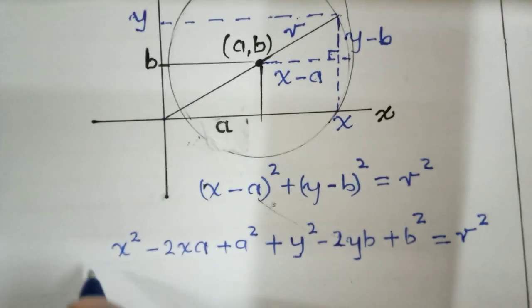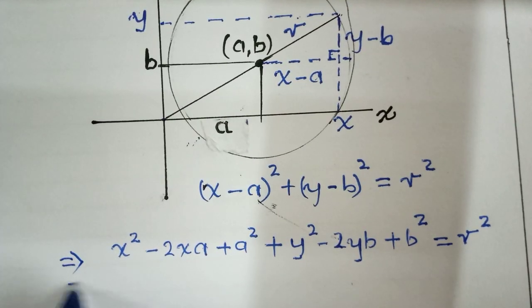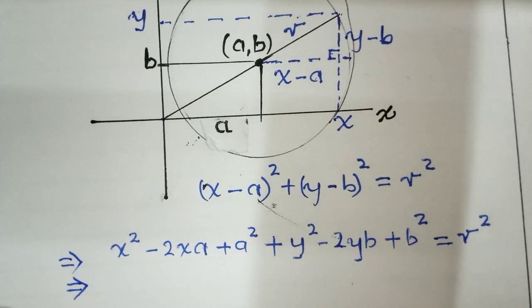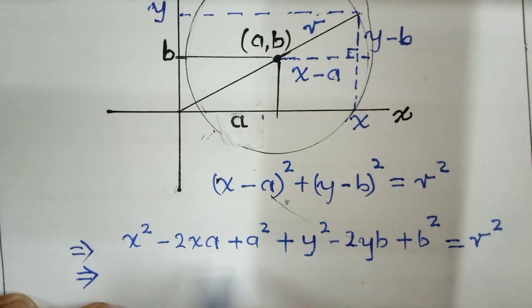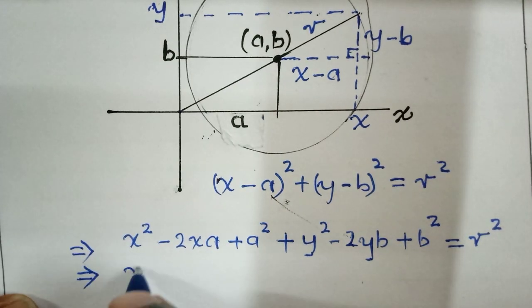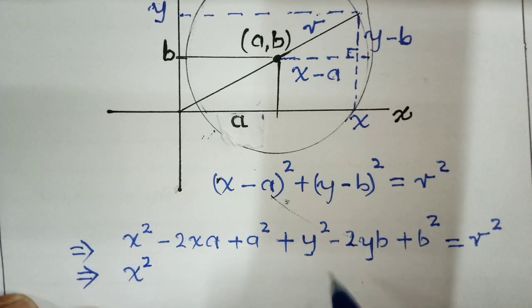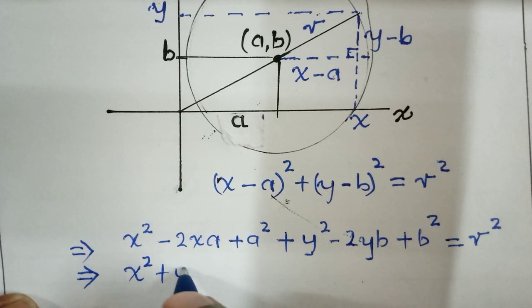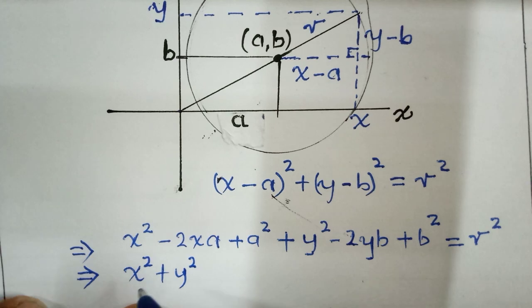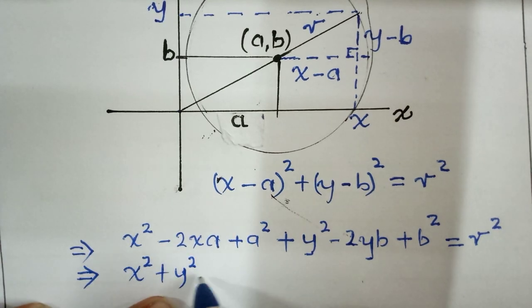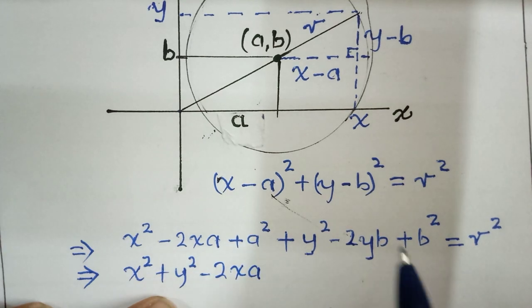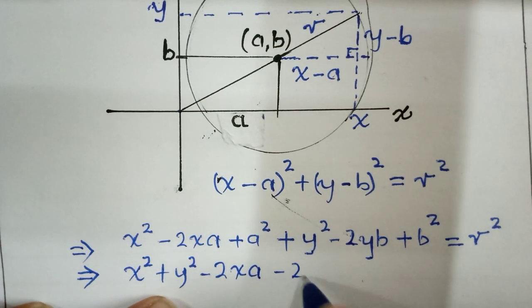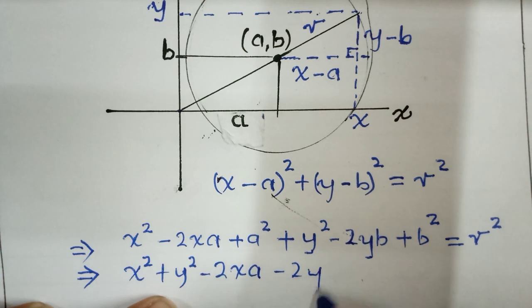So we continue. Let's bring x squared and y squared to the same place: x squared plus y squared, then minus 2xa, and I also bring minus 2yb.